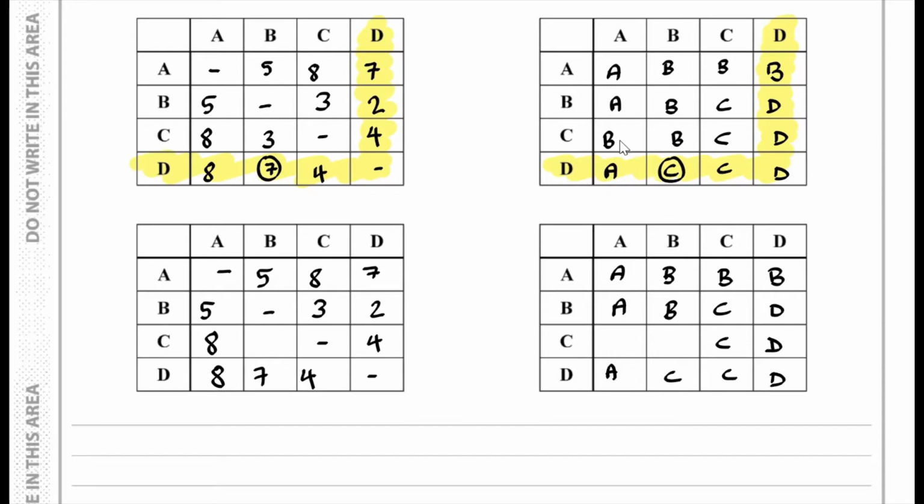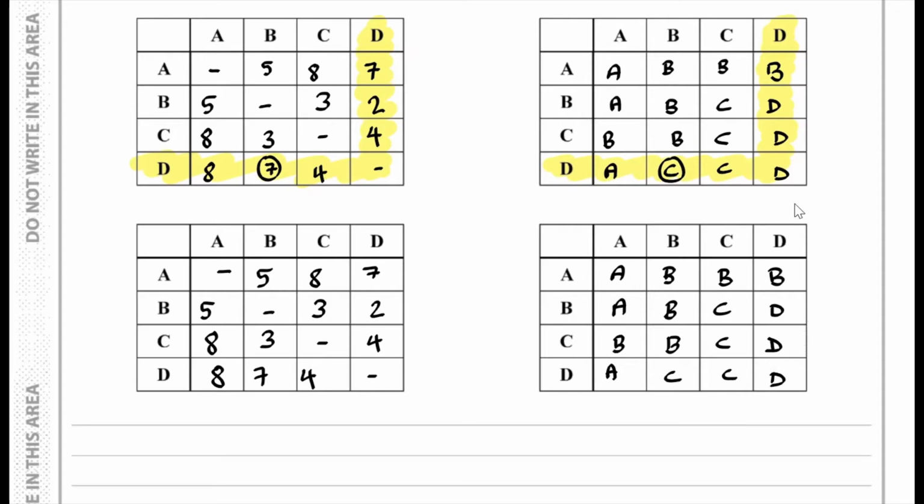The letter remains unchanged as B. And finally for CB, we compare this 3 with 7 plus 4, so we compare 3 with 11, 3 smaller, so we still have a 3. The letter remains unchanged as B.